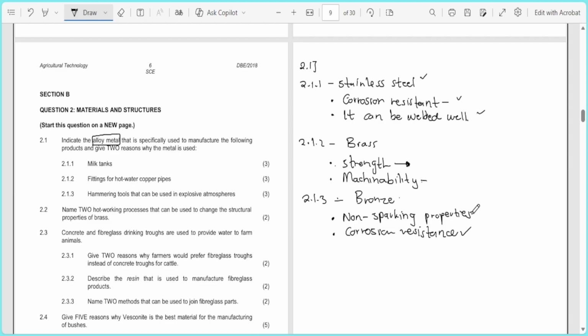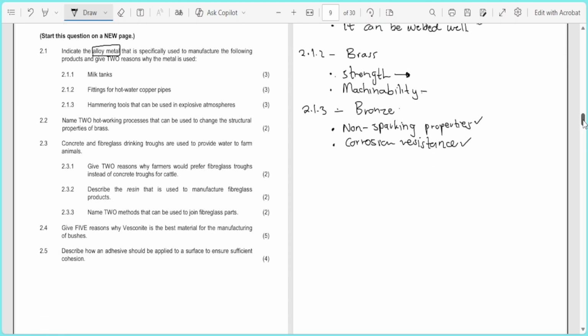So bronze is the best option because it is non-sparkable. If you had such materials around, it was going to cause explosions and fires. So due to its non-sparking properties, it is a good option. So bronze is our option for 2.1.3.